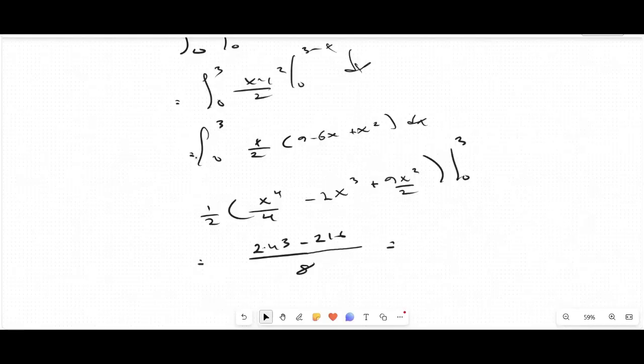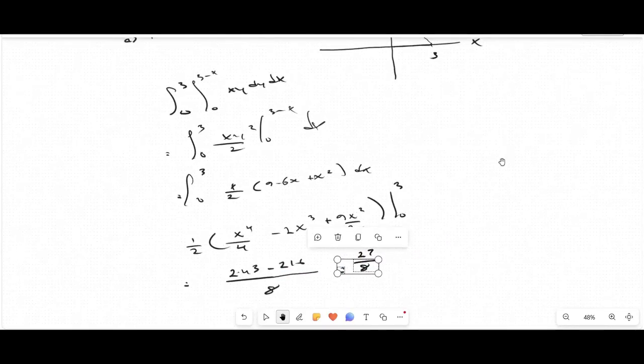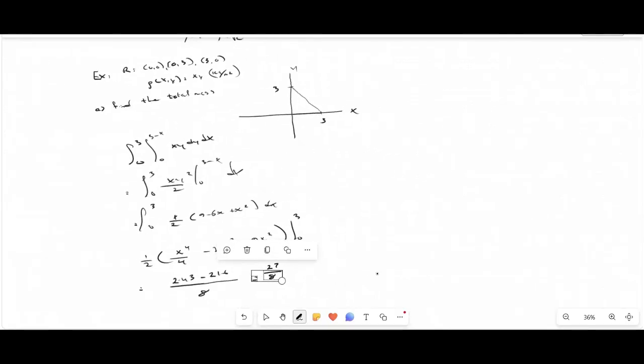Somehow this looks, maybe get 27 over 8. Okay, 27 over 8. So that's how much the plate weighs.